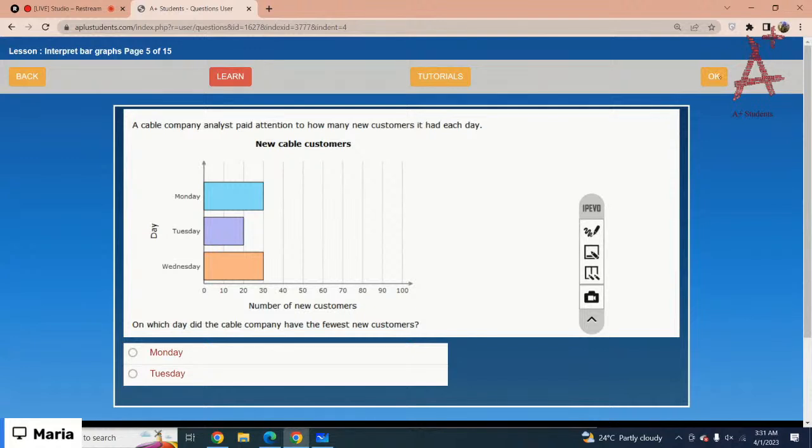So on Monday they are 30, on Tuesday they are 20, and Wednesday again 30. Which one has the fewest value? The fewest value is on Tuesday. Got it? So the correct option is Tuesday.